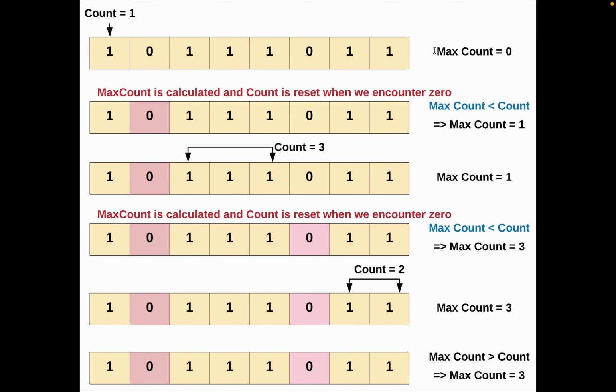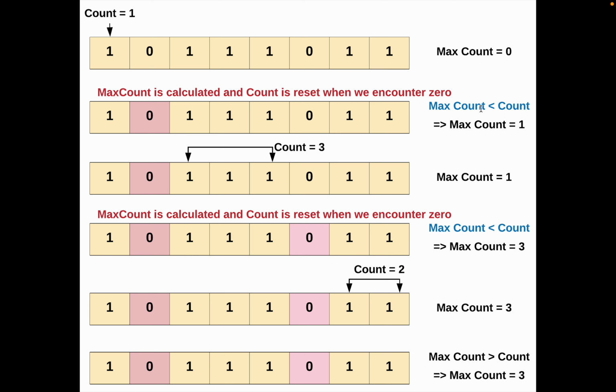First, we need to initialize the max count as 0, and the count is 1. Why? Because when we count and then we meet the 0, the consecutive 1 is only 1, and when we meet 0, the max count is calculated.